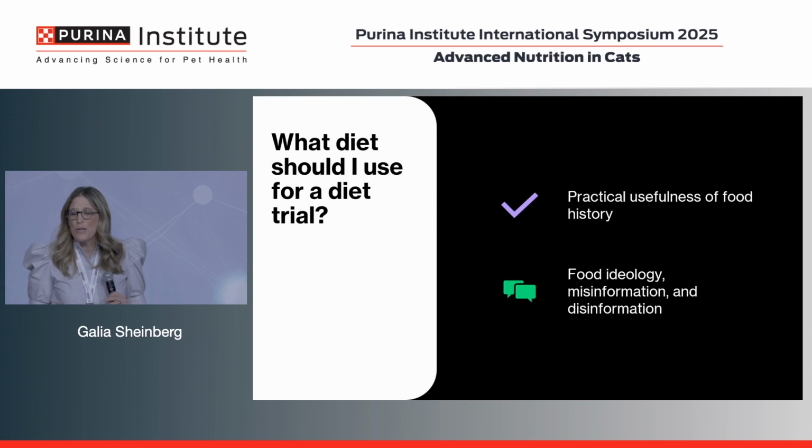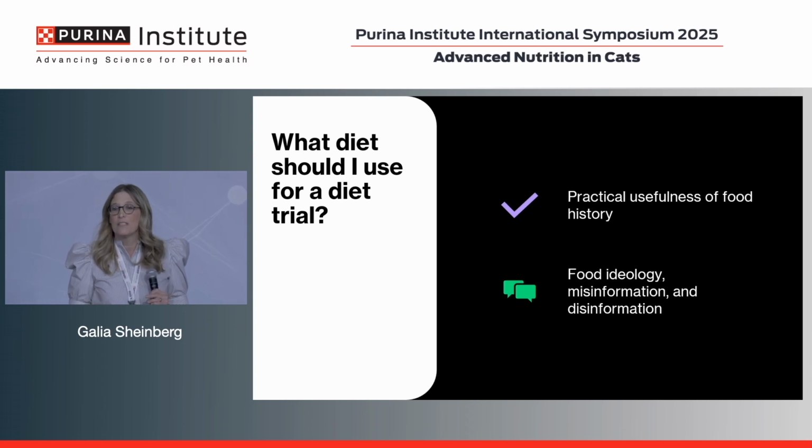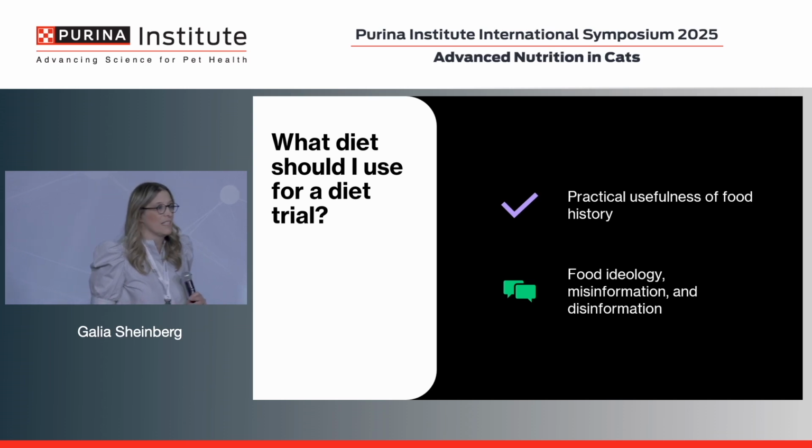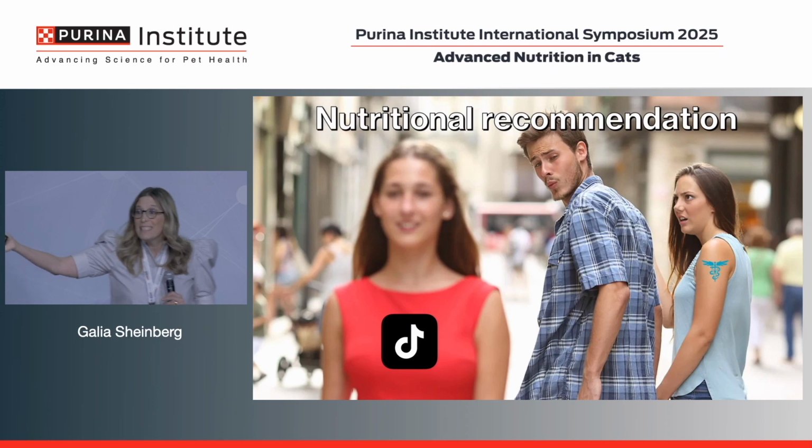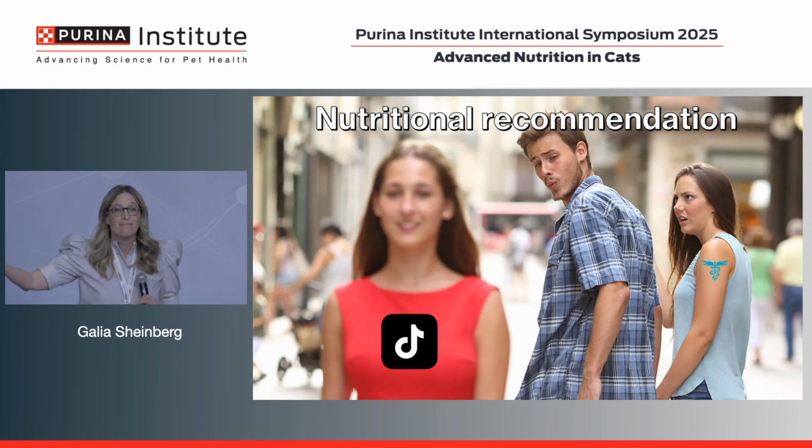So what diet should I use for a diet trial? Here, the feeding history may play a role, where you want to consider if the information that you received is important in terms of what types of food the cat received, and you want to consider food ideology. Because this is what we're facing today.